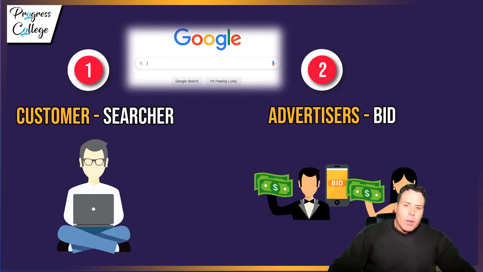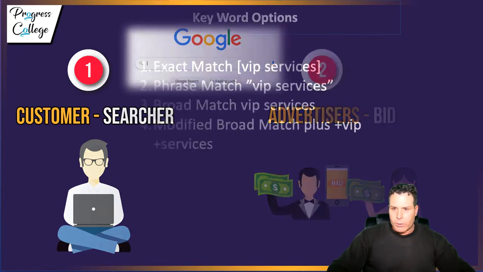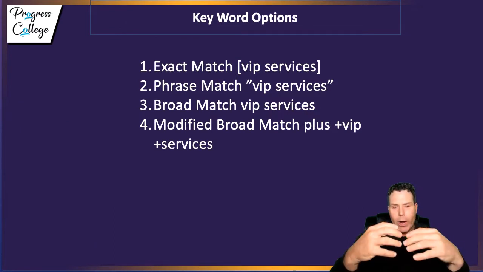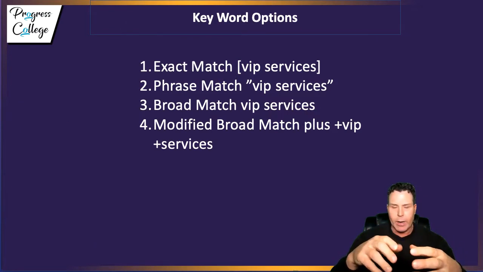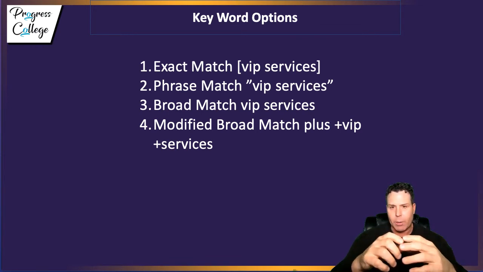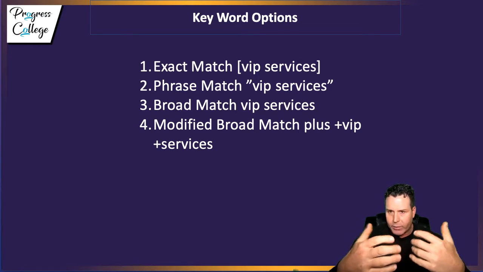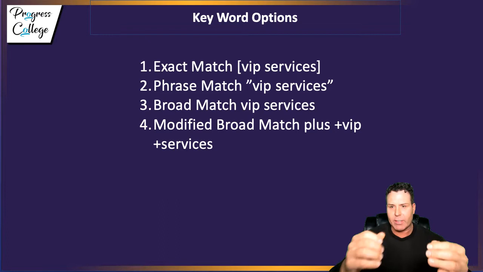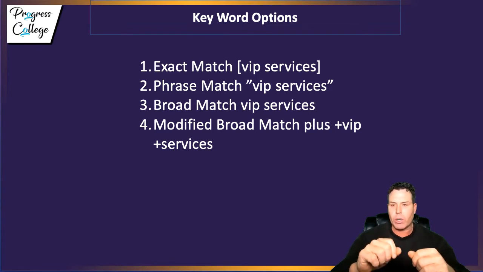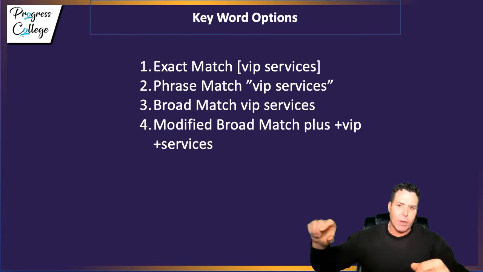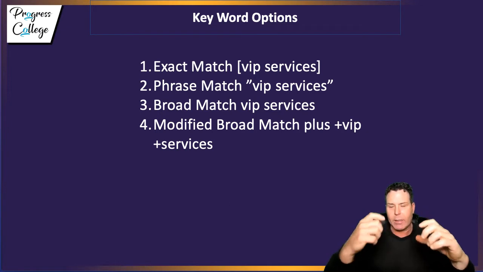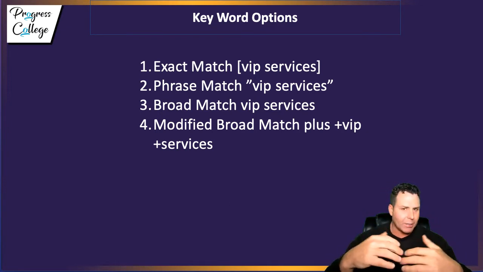The way Google works is when you set up an ad on the back end of the advertiser platform, you can set up different words that you want people to find. There are basically 4 different ways you can put words in, and one would be an exact match. Say someone was searching for a bachelor party in Las Vegas. I could have that in brackets in the ad platform, and that's going to be an exact match keyword.